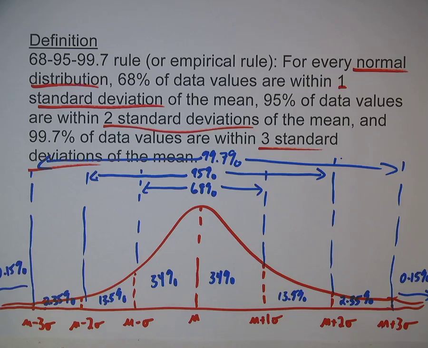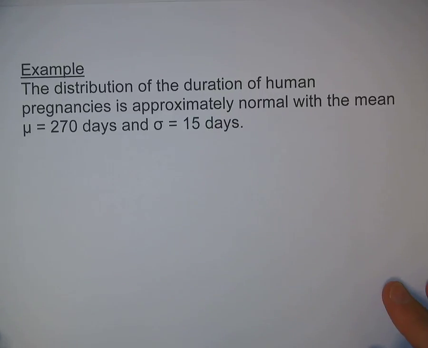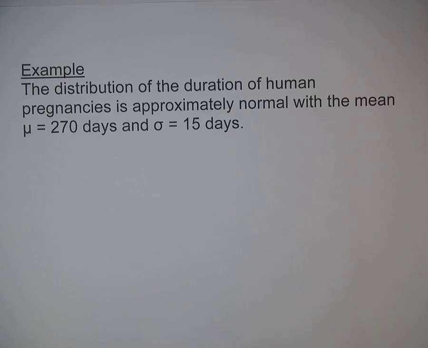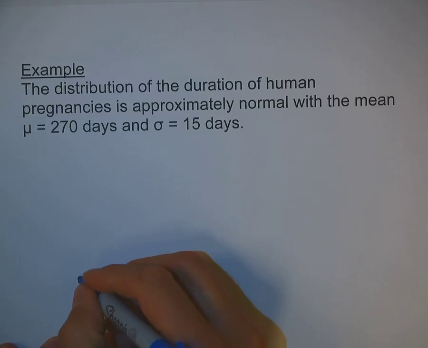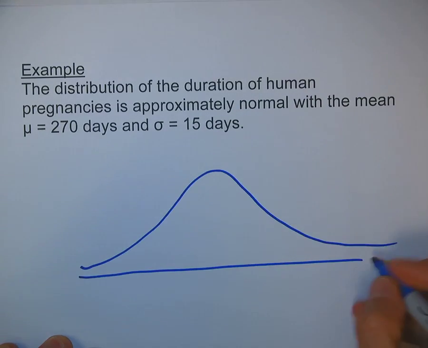All right, so that's a good picture of where all of that data will lie on a normal distribution. Okay, so now let's take a look at another example here. So now we're looking at the distribution of the duration of human pregnancies, known to be approximately normal with a mean of 270 and a standard deviation of 15. Okay, and these are both in days. Okay, so let's draw the distribution.